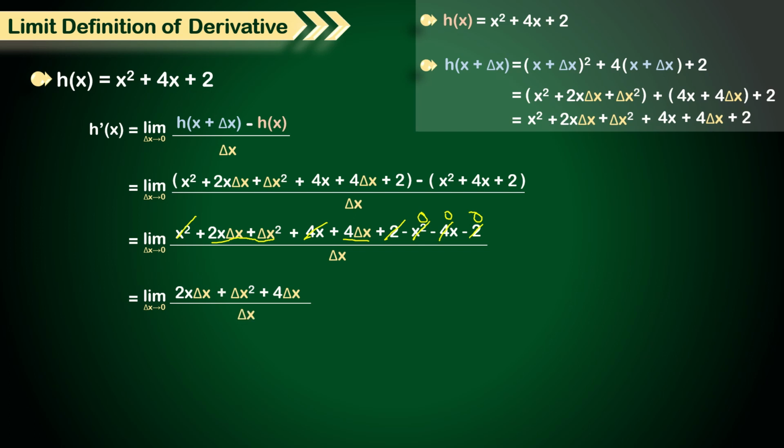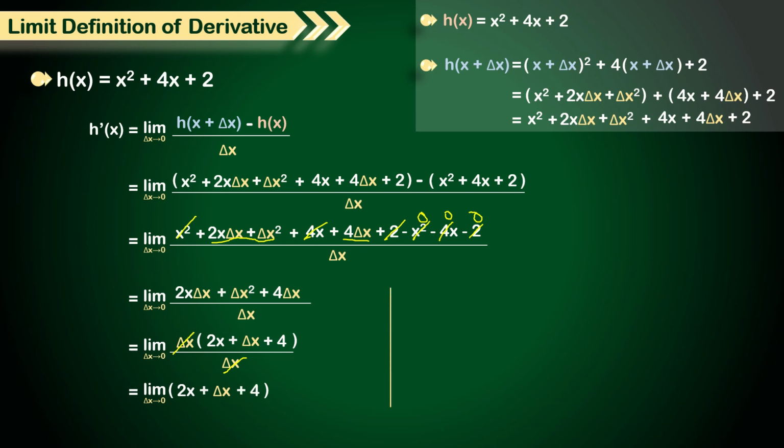Factor out delta x from the terms of the numerator. Limit of delta x multiplied by 2x plus delta x plus 4 over delta x as delta x approaches 0. Simplify the expression, and it is equal to the limit of 2x plus delta x plus 4. Apply limit properties.